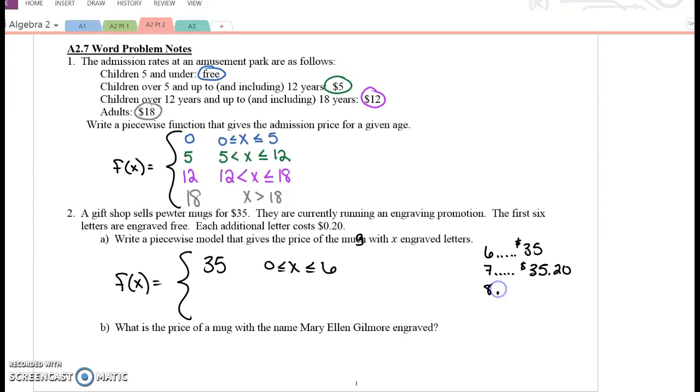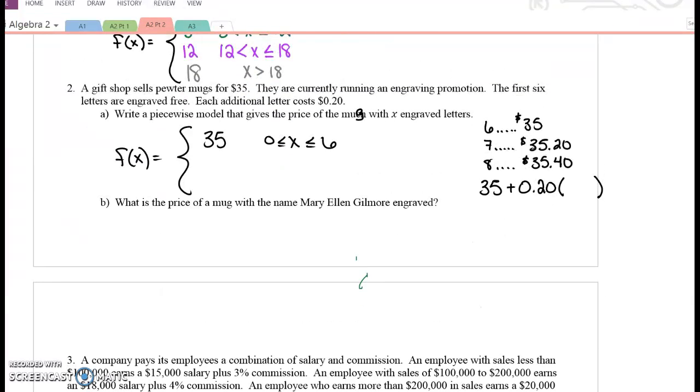We've added 20 cents once. If we get 8 letters engraved, it's going to cost us $35.40. Notice we've added 20 cents twice. So what we're doing is $35 plus 20 cents, and then right here in these parentheses, we need to figure out how to indicate how many times we need to add 20 cents.